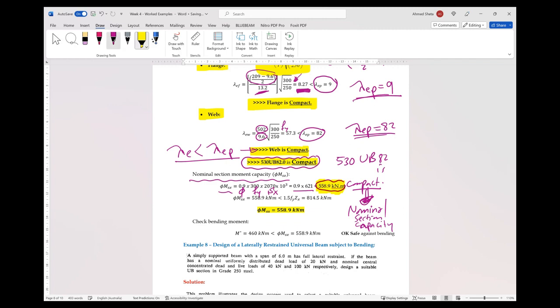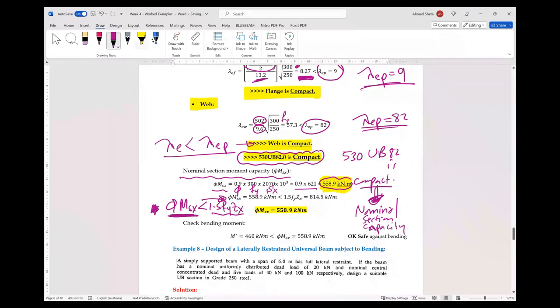Also, because the section is compact, we need to make sure that phi M SX is less than 1.5 F yield ZX. The nominal section capacity cannot exceed 1.5 F yield ZX. When we check, as you can see, 558.9 is less than 814.